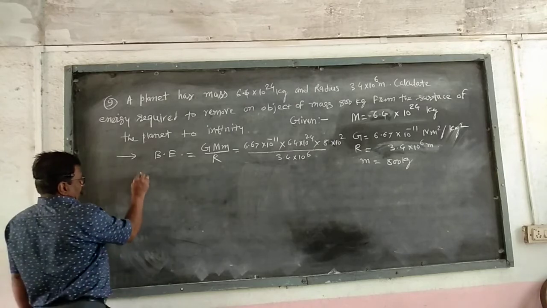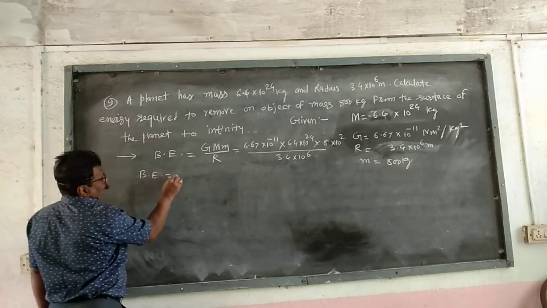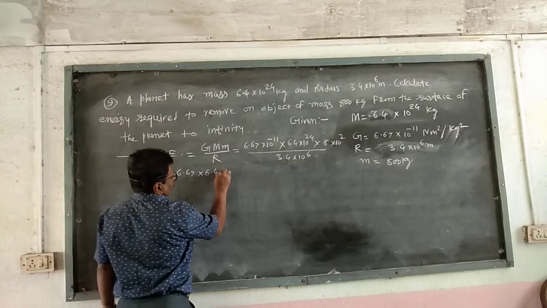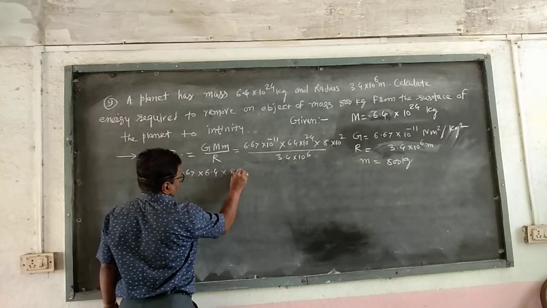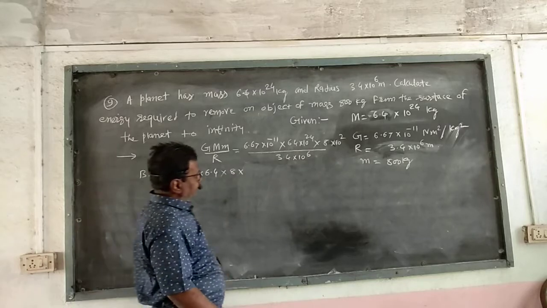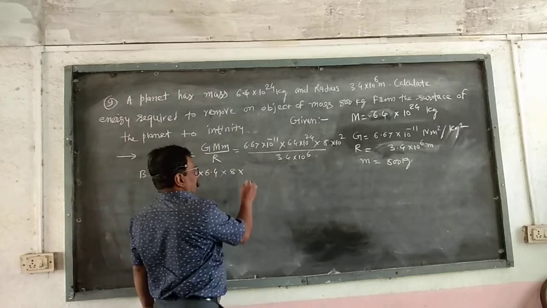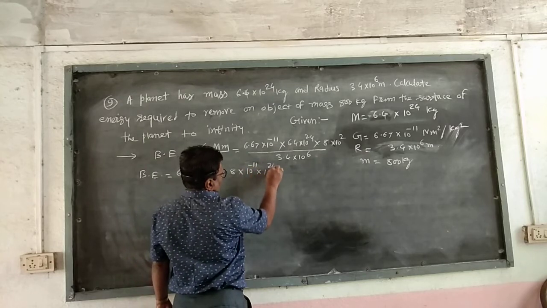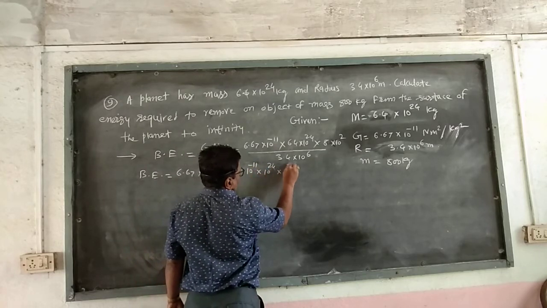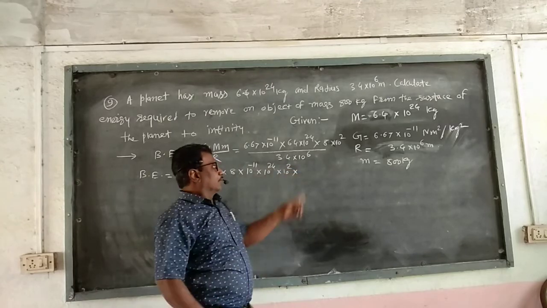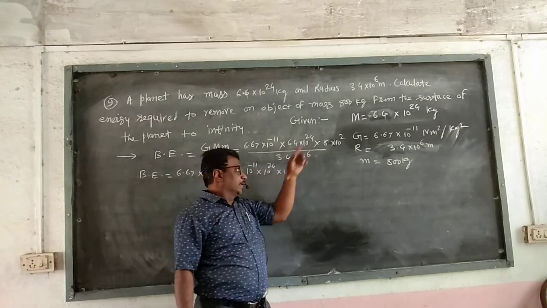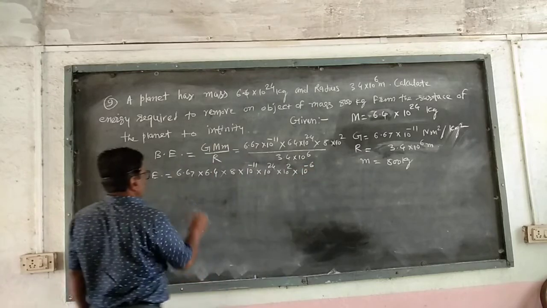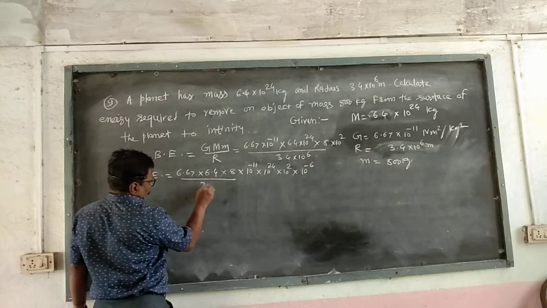So we write here binding energy is equal to 6.67 into 6.4 into 8 into, see here there is a 10 to the power minus 11, 10 to the power 24, 10 to the power 2. Now shift this 10 to the power 6 to numerator, it becomes negative, minus 6, divided by 3.4.